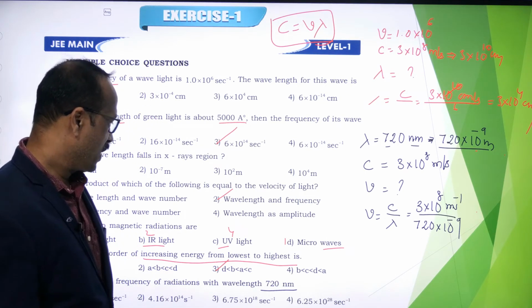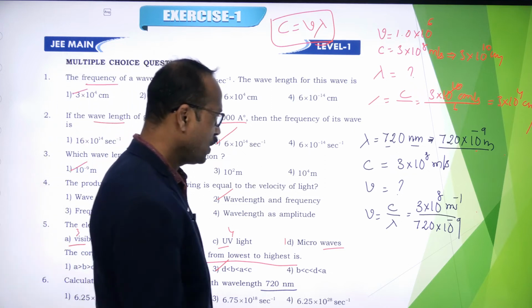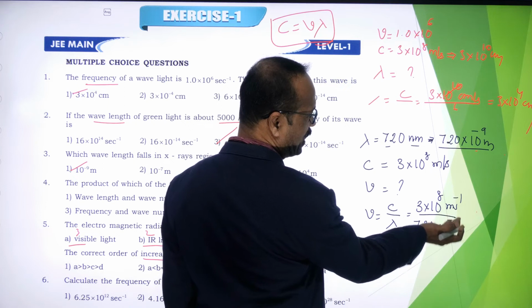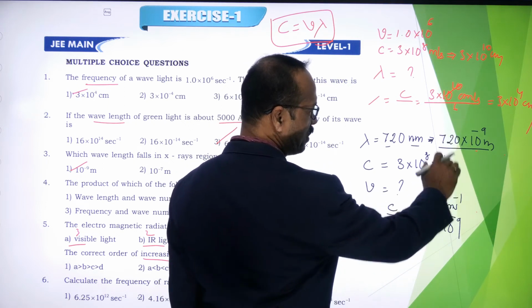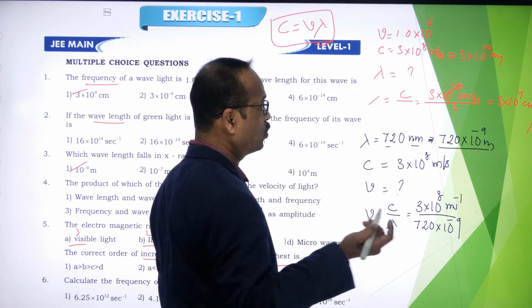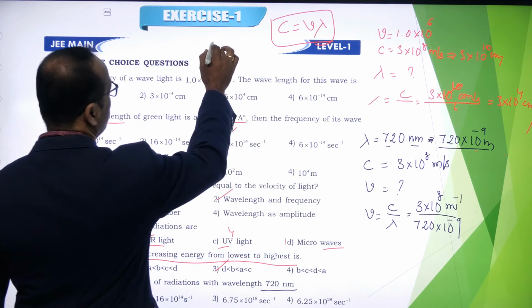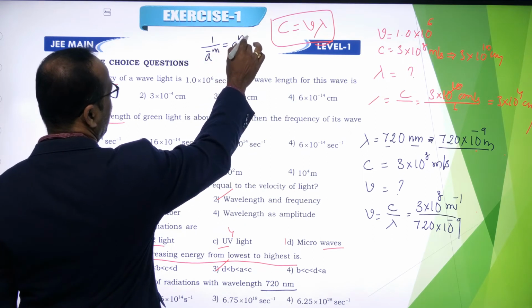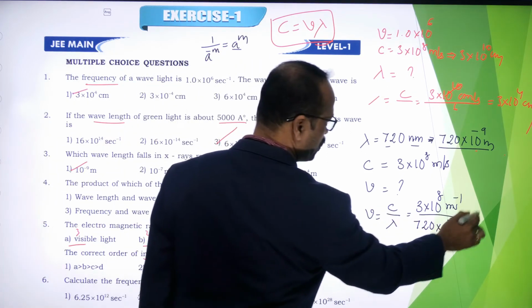Here a lot of calculations are required. So now see here, just now I told you, in the denominator 10 to the power of minus 9, I am taking up. So this becomes 10 to the power of plus 9. In your algebra you might have studied that 1 by a to the power of minus m becomes a to the power of m. This I am applying, so this is going up.